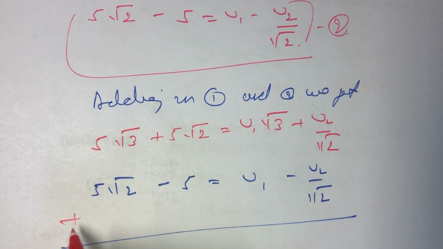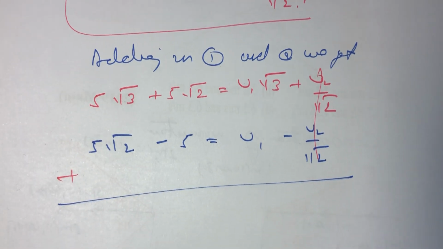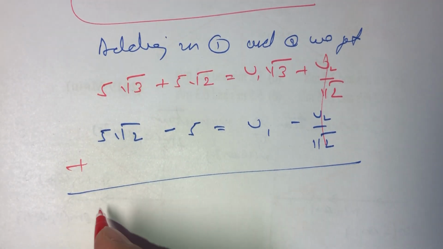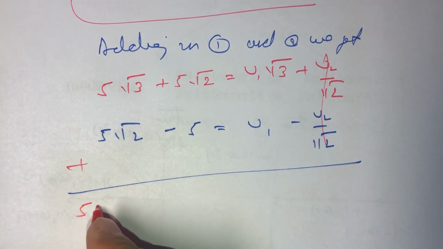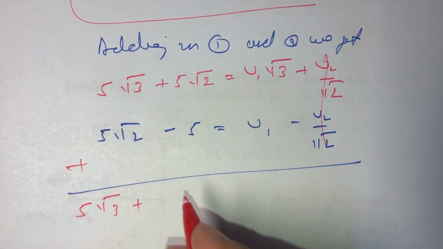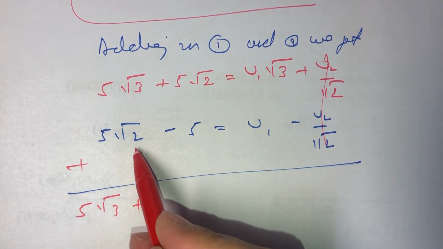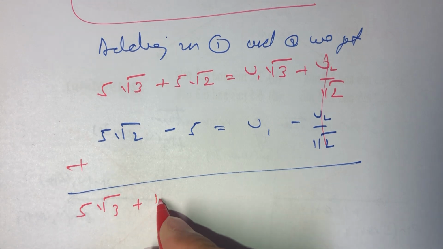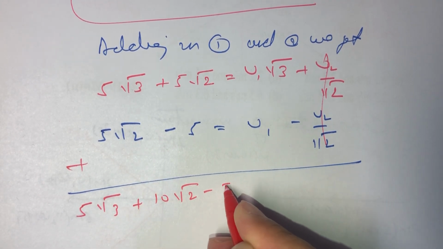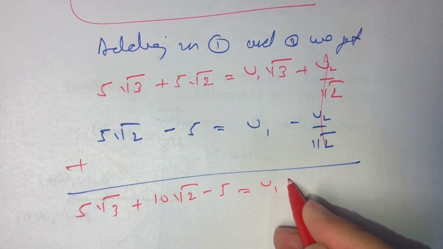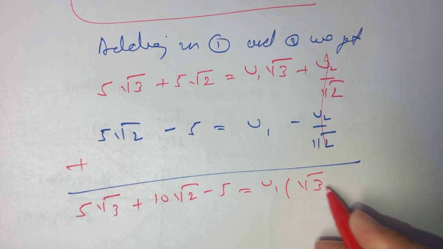If we add them, these two terms cancel out, so we are left with 5 root 3 plus 10 root 2 minus 5 equals v1 times root 3 plus 1.